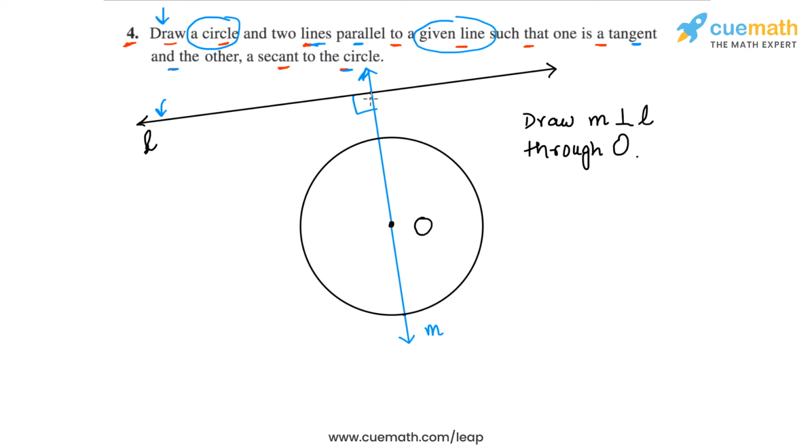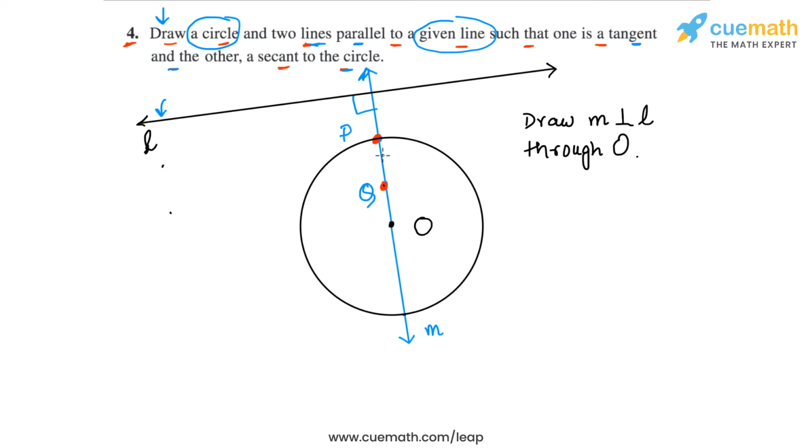Well, this line intersects the circle at two points. So let's take any one of those points, this point here. Let's call it P. And let's take any other point on this line M inside the circle, this point here as Q. So we've taken the point of intersection of M with the circle as P, and this point inside the circle and on the line M as the point Q.